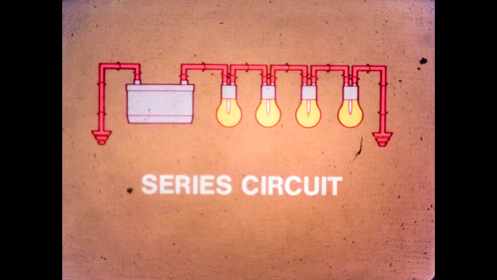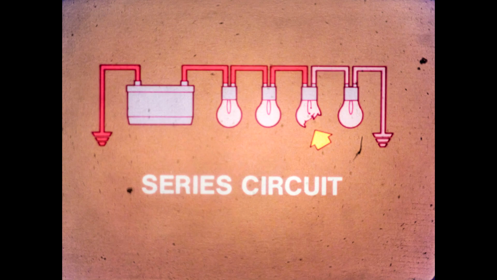In a series circuit, the loads, in this example the bulbs, are connected so that there is only one possible pathway from the battery. The current must flow through one device to the next. Since a circuit must have an unbroken path from power source to working device and back to the power source, you can see what happens in a series circuit if the current flow is broken at any device.